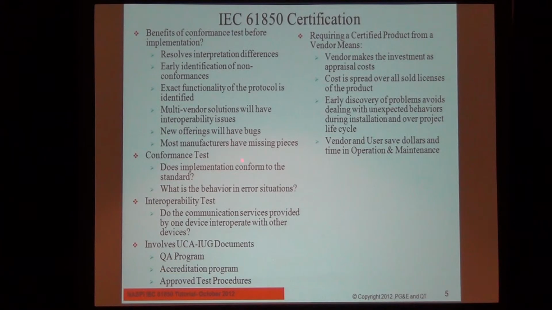There are conformance tests, and then there are interoperability tests, and we'll get to a little bit of that detail. Not all conformance tests are interoperability tests, and not all interoperability tests are conformance tests.